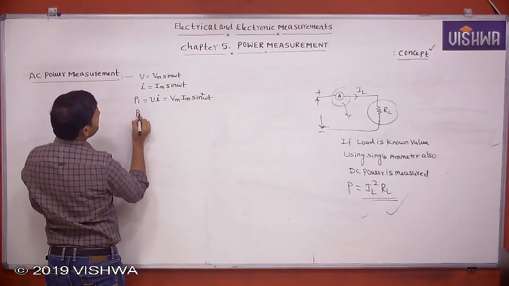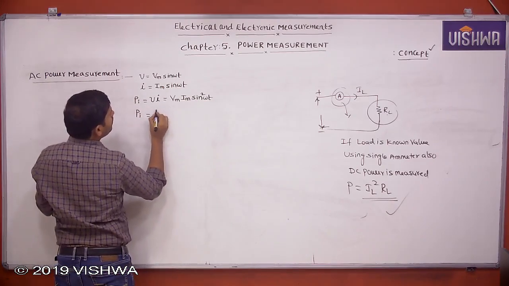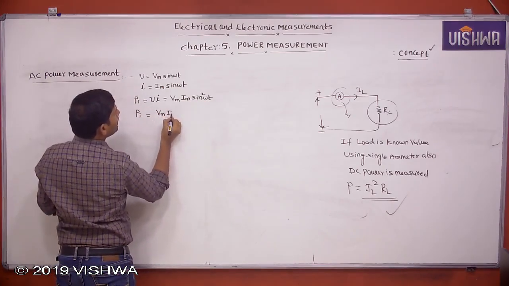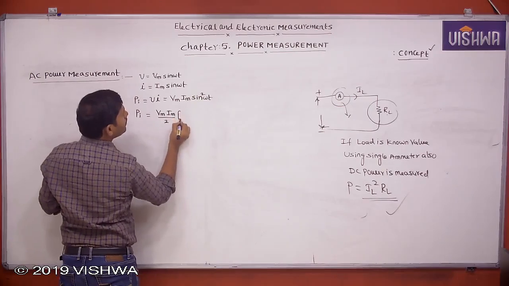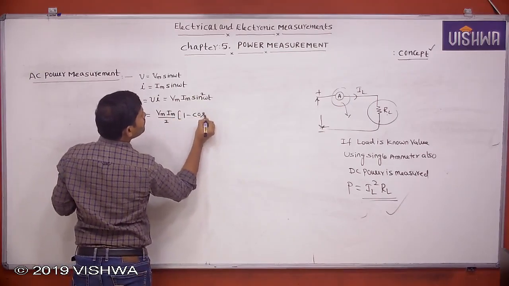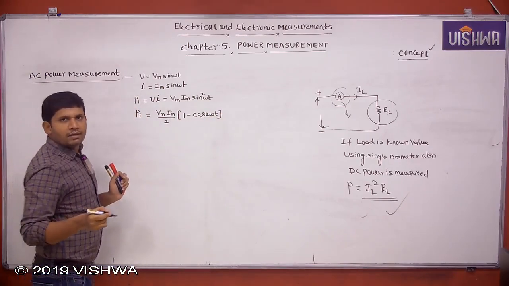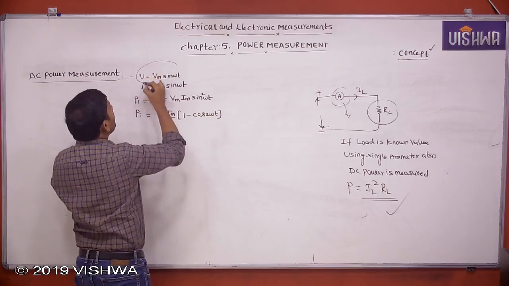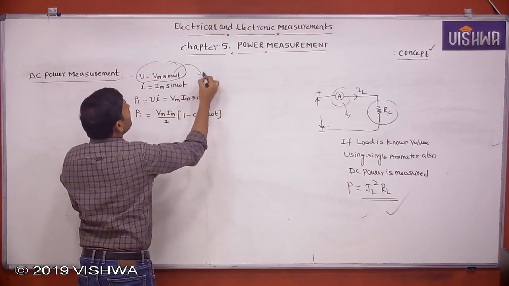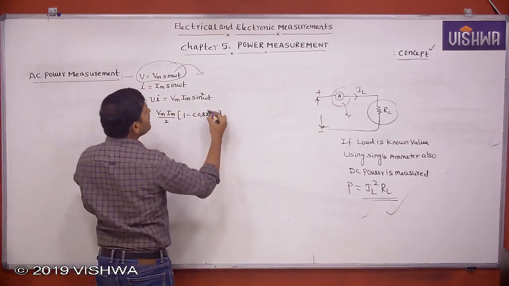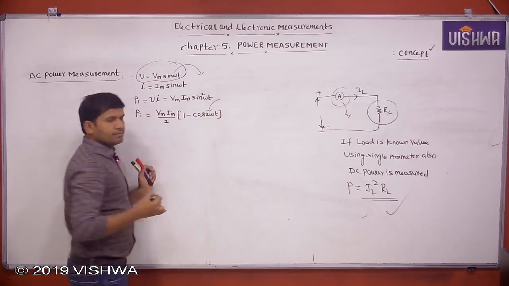Shall we write it like this? Instantaneous power equals Vm Im by 2 into (1 minus cos 2 omega t). Then what supply are we giving? Vm sin omega t. What is the frequency of supply? Omega. What is the frequency of instantaneous power? 2 omega.